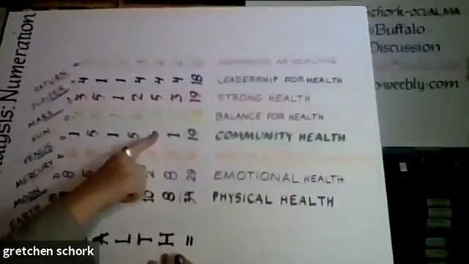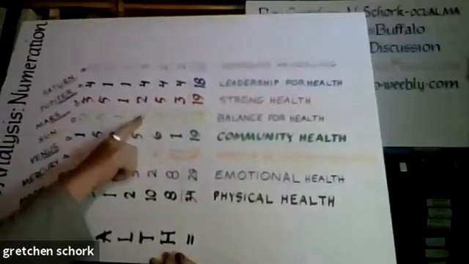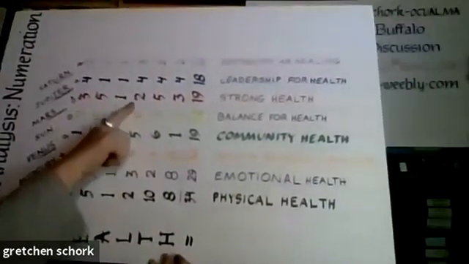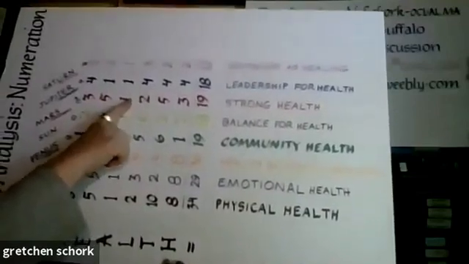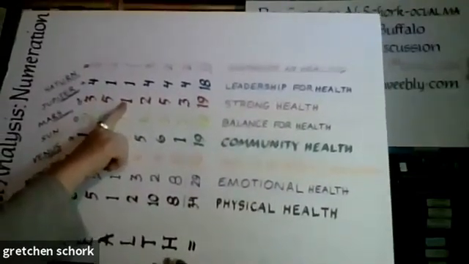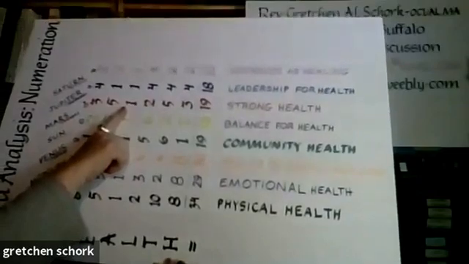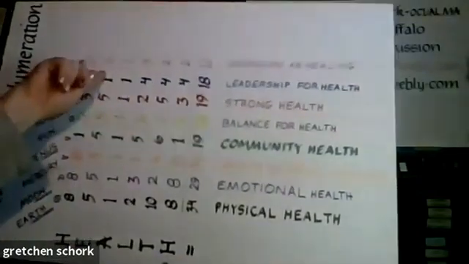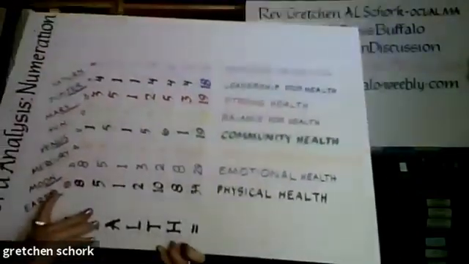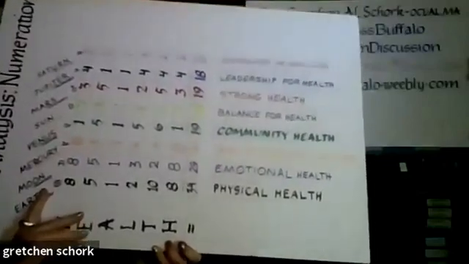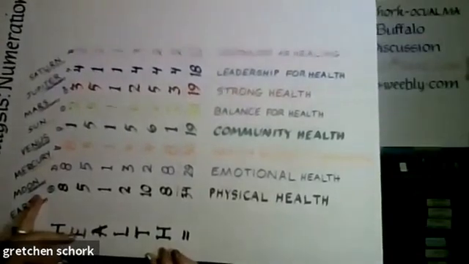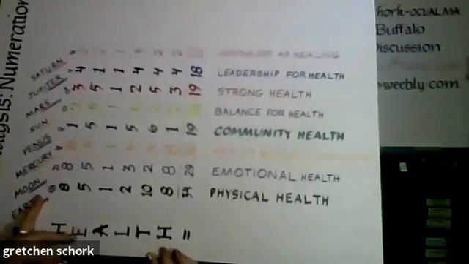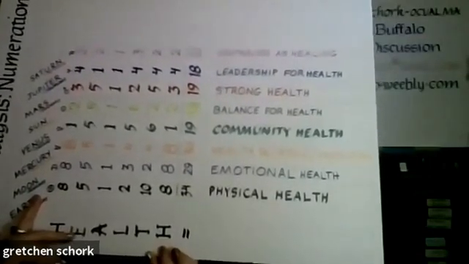Community health for Venus. Balance for health is for the Sun. Strong and healthy life for Mars. Leadership for health is Jupiter, and death and loss as a healing for Saturn. That will give you 8 different sigils.